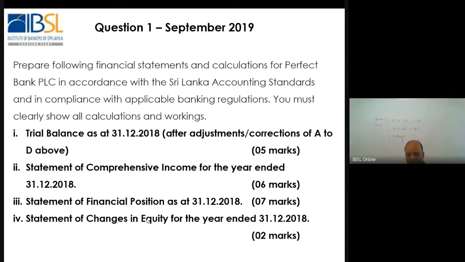And the statement of changes in equity is the equity statement. So all in all, you are required to prepare almost 4 statements, including the trial balance: a trial balance and 3 other financial statements.